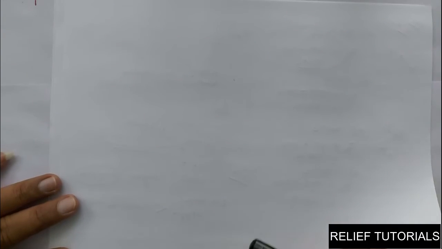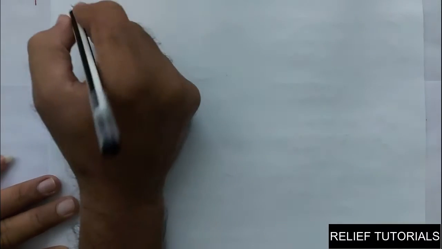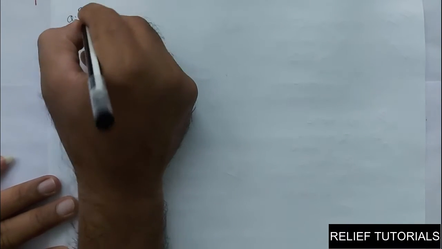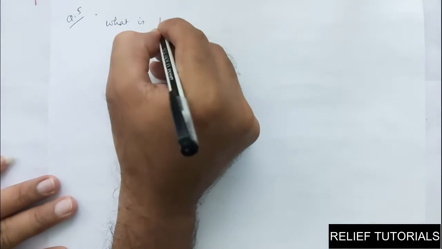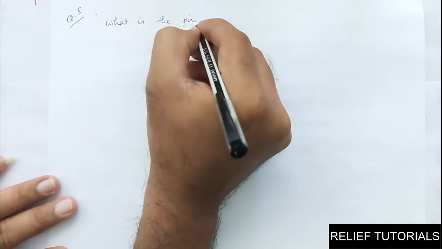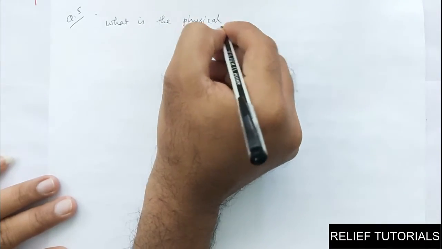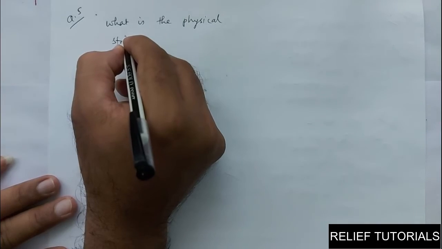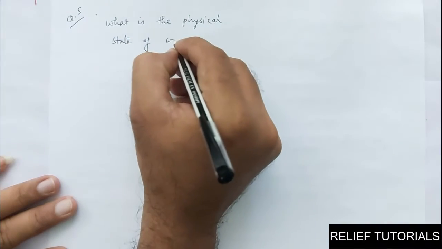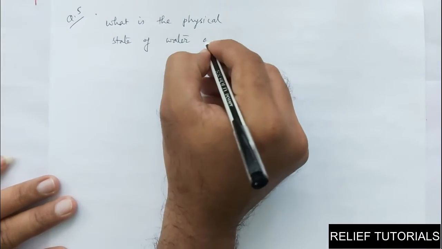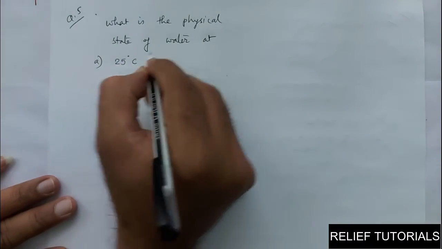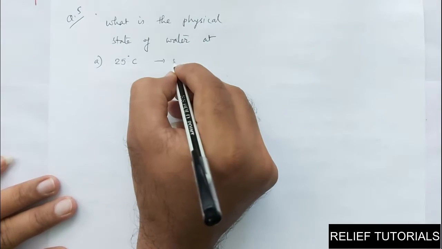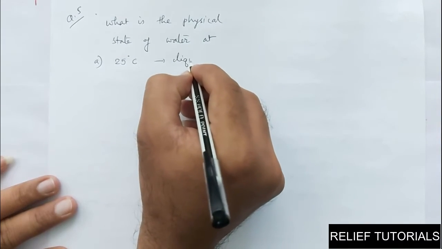Question number 5. The question is, what is the physical state of water at 25 degrees Celsius? So at 25 degrees Celsius it is obviously in the liquid state.